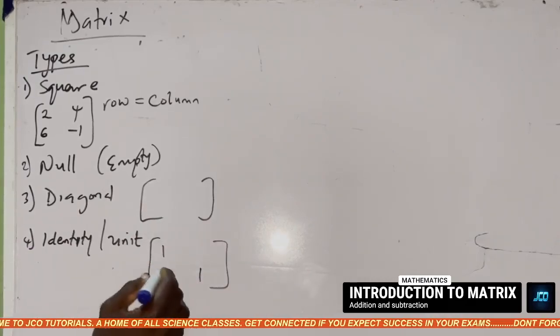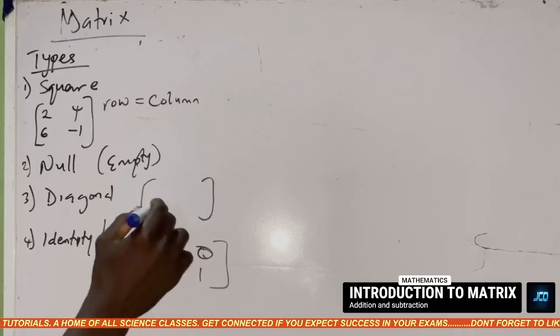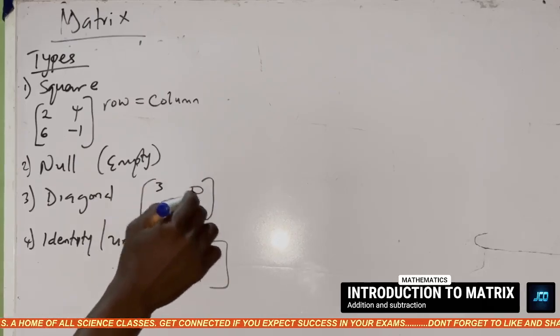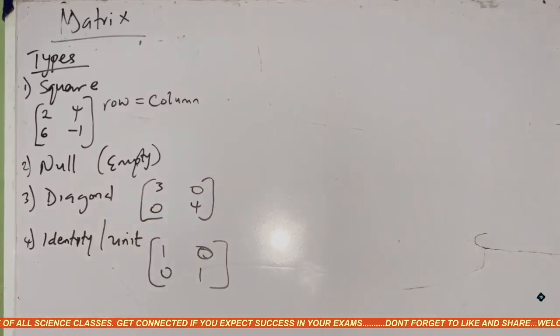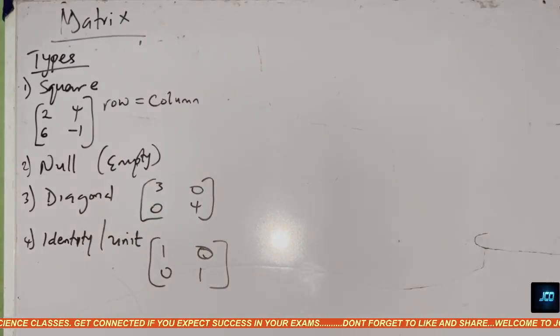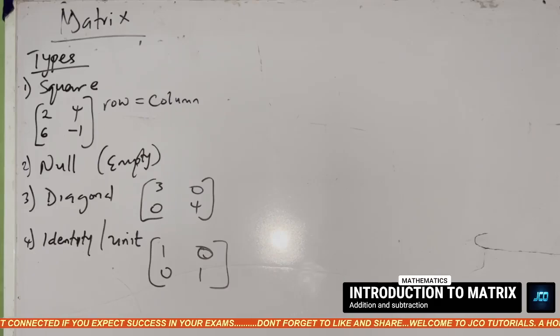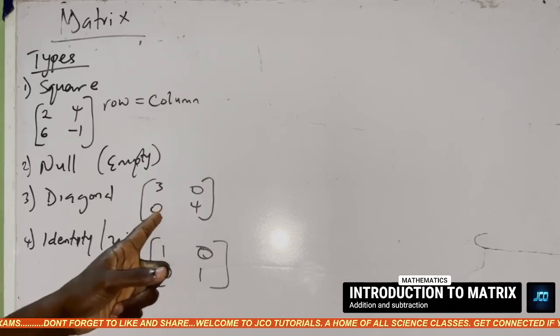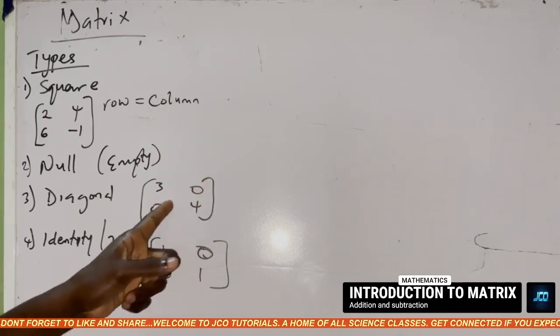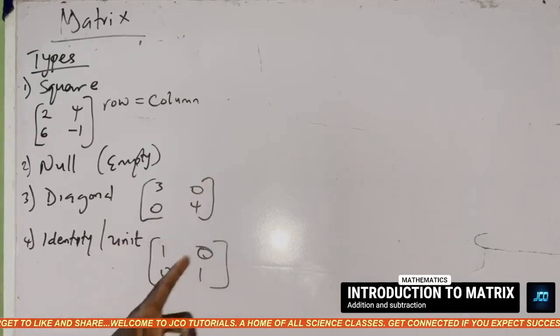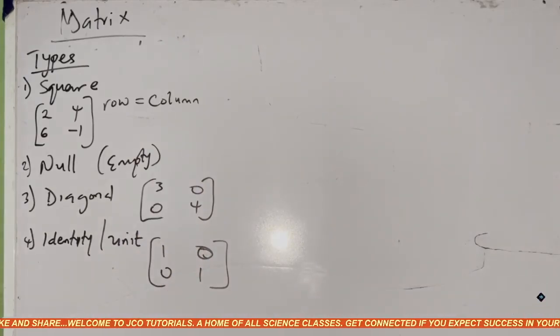Now, a diagonal could be, this is 1 1 0 0 0 0 3 4. Now, I want you to observe very closely. There's a unique difference between the diagonal and the unit. In the diagonal, the other diagonal entries are 0. In the unit, the other diagonal entries are still 0.